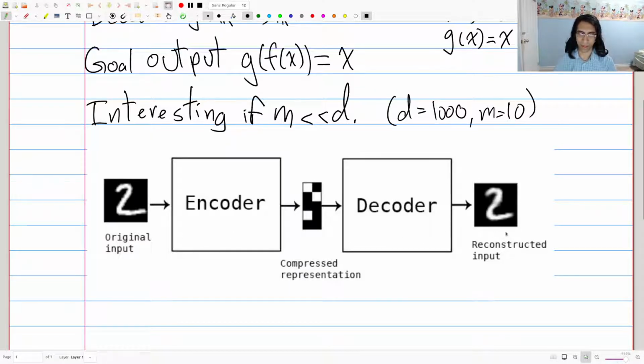So you'll note that it's not the exact same as the original. This is maybe a bit sharper, this is a little bit blurrier, but what it's trying to convey is the fact that you start with a higher dimensional image, we compress it down to some low dimensional representation, and then we undo that by taking it back to roughly the original image. That's essentially what autoencoders are.